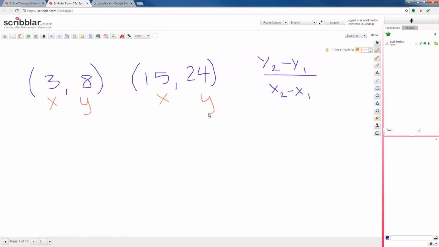But we can't actually keep them just 2 x's and 2 y's. They're different. This x is a 3 and this x is a 15. So we say the first point is x1, y1 because it's the first point. And the second point is x2, y2 because it's the second point.